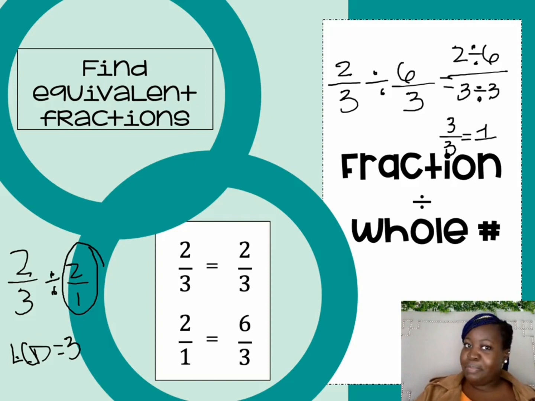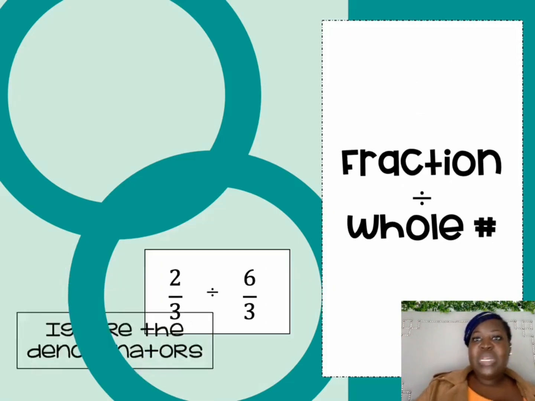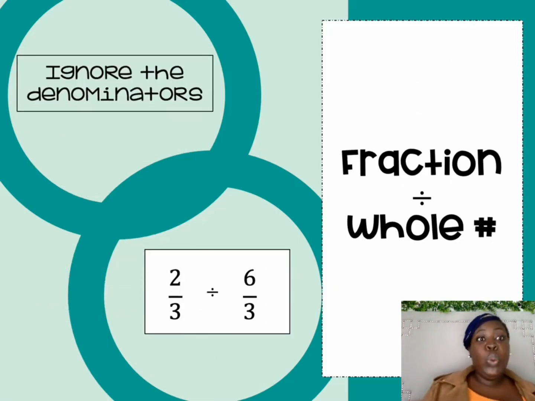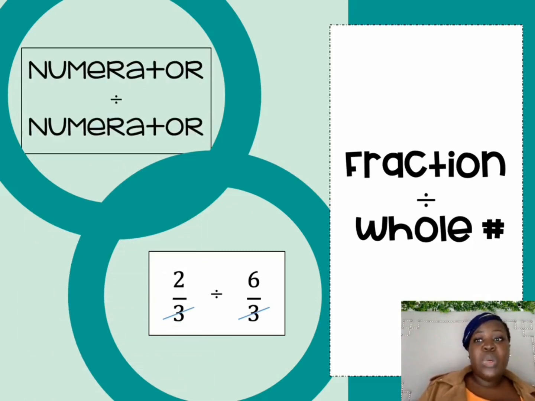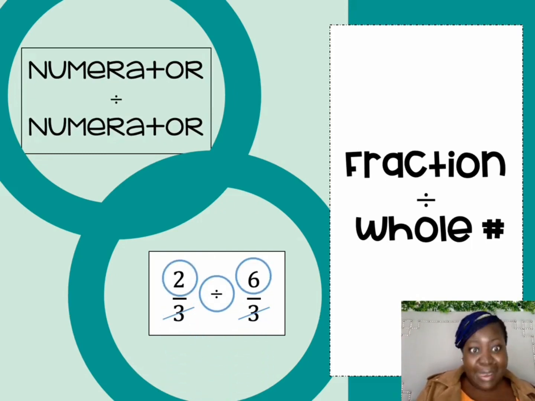Now let's go on. Remember, we said we are going to ignore the denominators. So you're going to ignore 3 in 2/3, and you're going to ignore 3 in 6/3. Then you are going to focus on your numerators, which are 2 divided by 6.